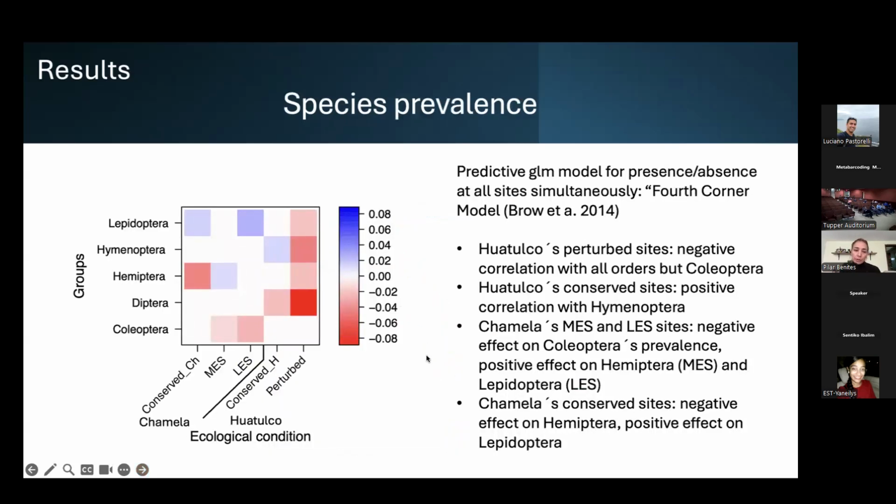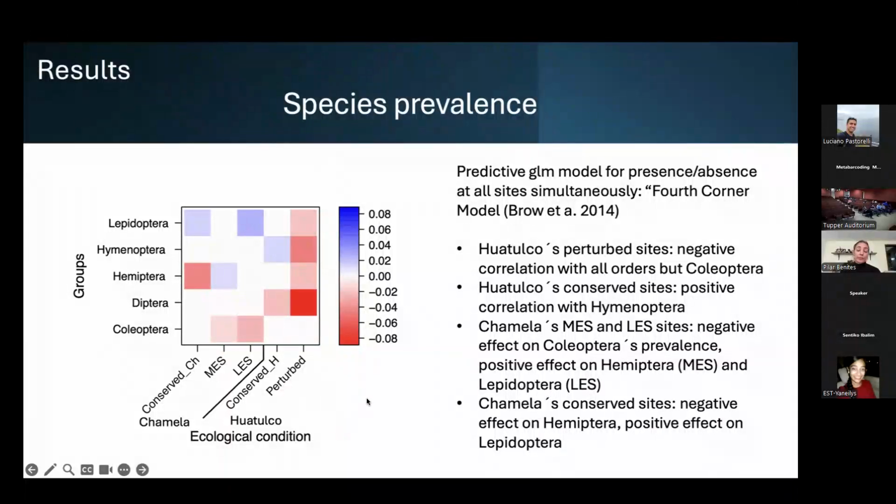So we tried to look at the prevalence of different orders, and how they are affected by these different ecological conditions and land use that we were studying. This is still a work in progress. We use a predictive GLM model for presence and absence of all sites simultaneously, the four-corner model, which measures how each condition affects the prevalence of each order.